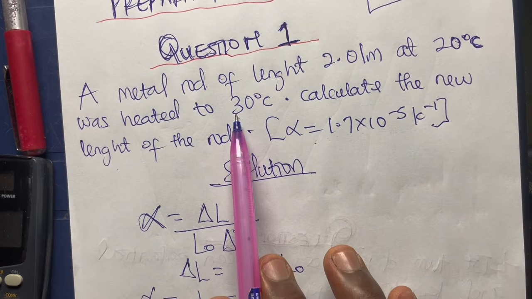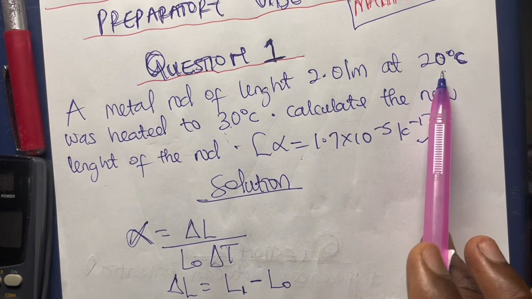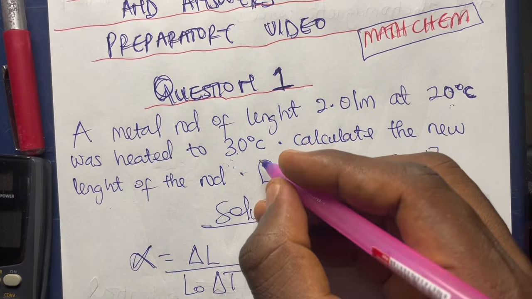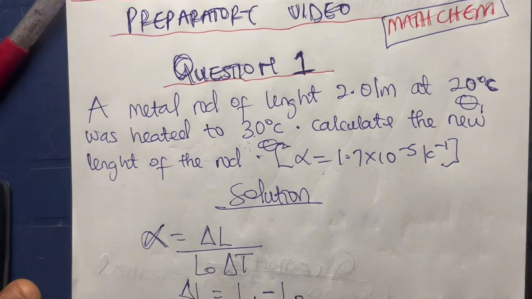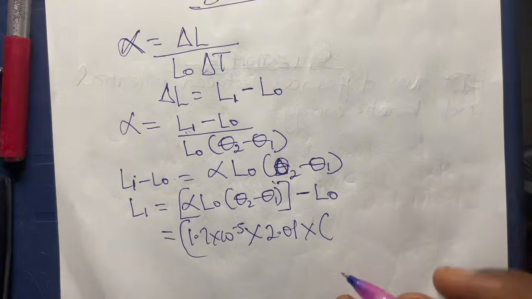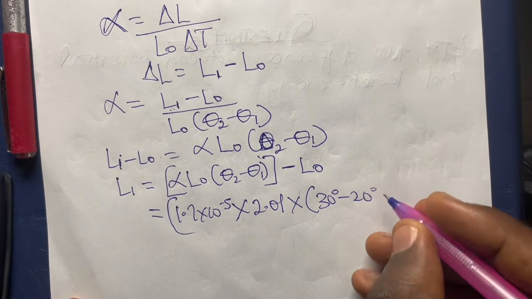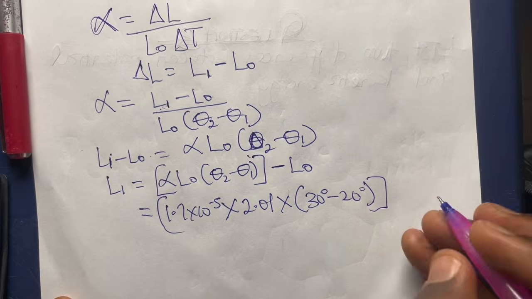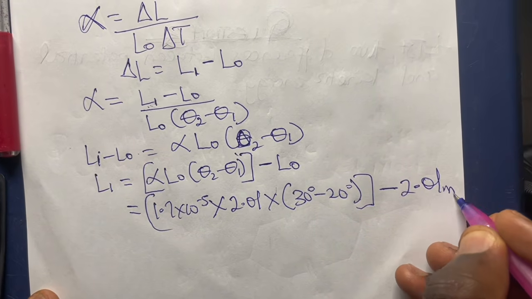This is theta 2, this is theta 1. So now let's subtract: that will be 30 degrees minus 20 degrees, and I close the bracket.